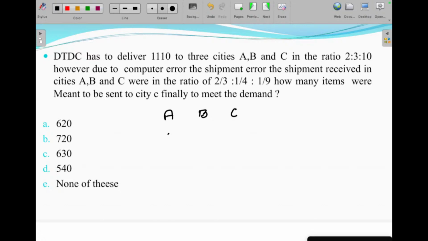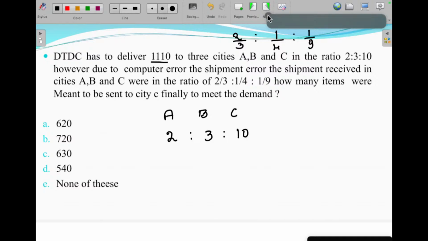I need to send 2 parts to A, 3 parts to B, and 10 parts to C. Which means I can calculate how much A will get, how much B, how much C. By mistake, I'm sending 2/3 to A, 1/4 to B, 1/9 to C. Means I can do the ratio again. Basic method first, then I will do method 2 also.